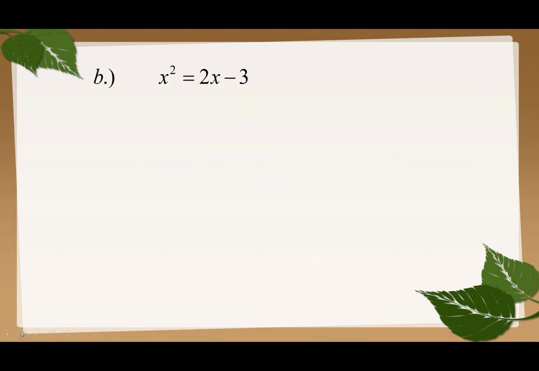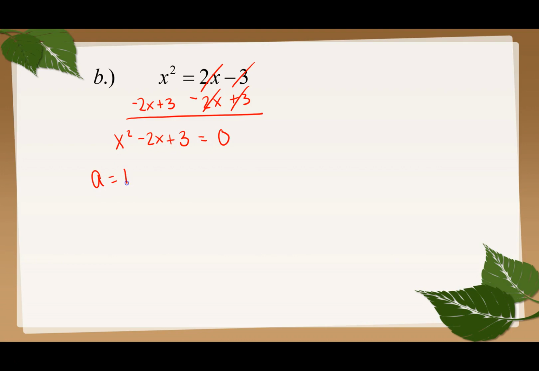All right, let's try this one. Again, I'm going to subtract 2x and add 3 on both sides, and those disappear, equals 0. X squared minus 2x plus 3. All right, here we've got a equals 1, b equals -2, c equals 3.